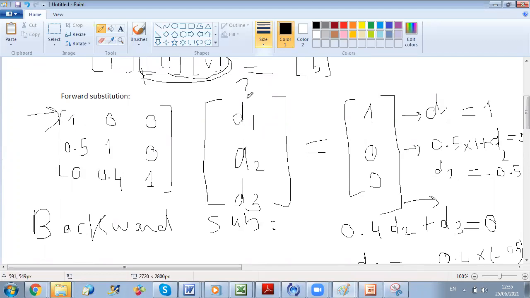So I replace it by a column vector D1, D2, D3, with 3 unknowns, equals my vector B. In the first step of the LU factorization, my vector B is 1, 0, 0.